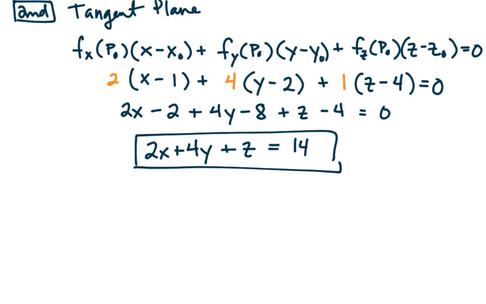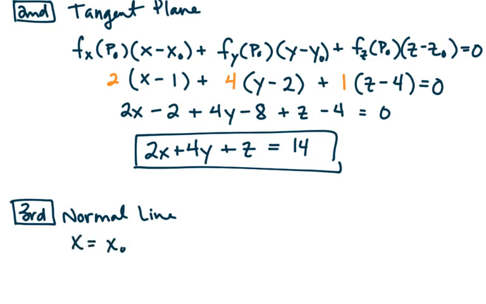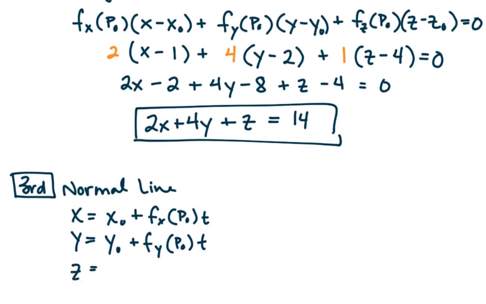And then we also need to write the equation of the normal line. So we write the normal line in parametric form. My formula is x equals x naught plus the partial with respect to x at the point times t, y equals y naught plus the partial with respect to y at the point times t, and z equals z naught plus the partial with respect to z at the point times t.